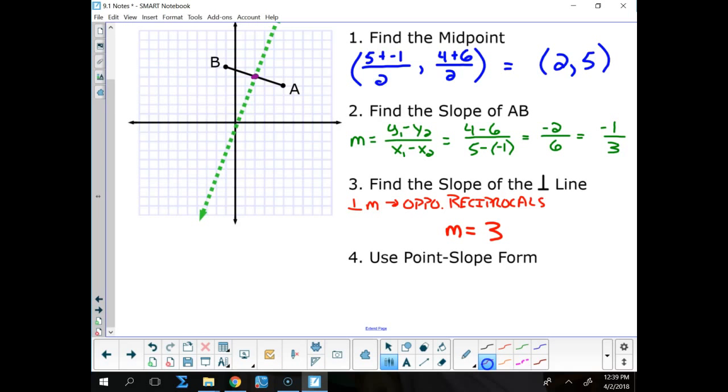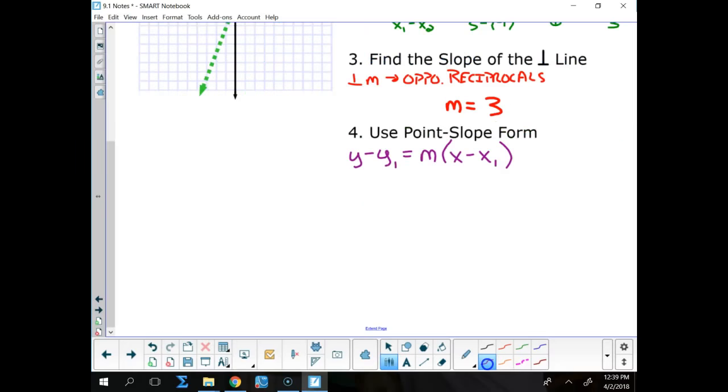The point slope form, remember, tells me y minus y sub 1 equals m times x minus x sub 1. So that's going to be y minus 5 equals 3 times the quantity x minus 2.